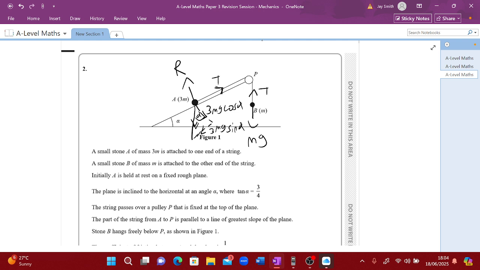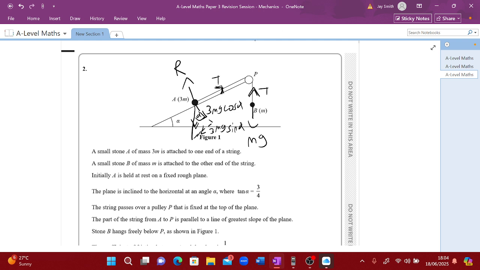I guess you can see that because the pulley itself is not going to move anywhere. The pulley will stay where it is. So the tensions have to go towards each other to cancel each other out. If we had the tension going here and the tension going there, it would probably move the pulley, but we don't want that to happen. We want the pulley to be fixed.